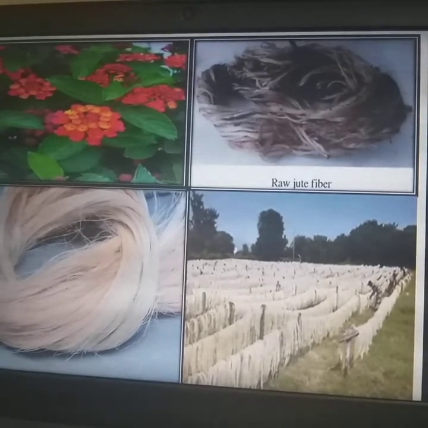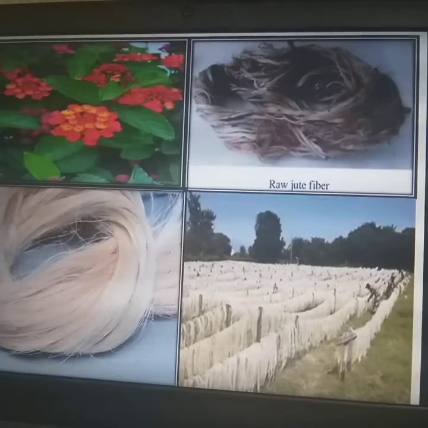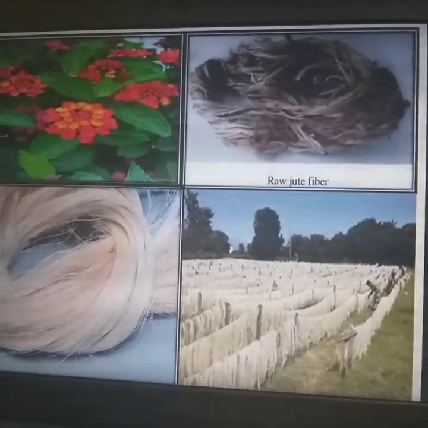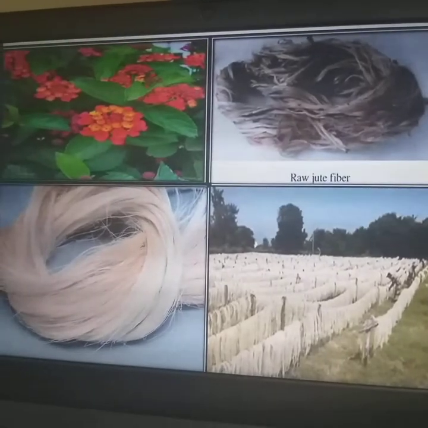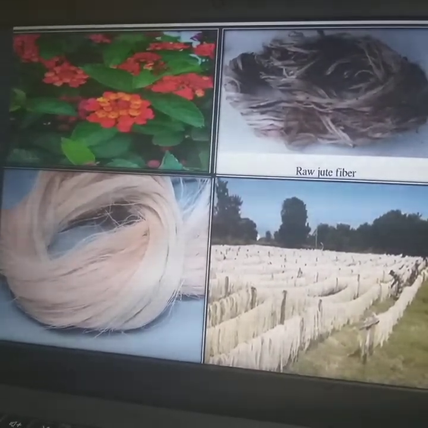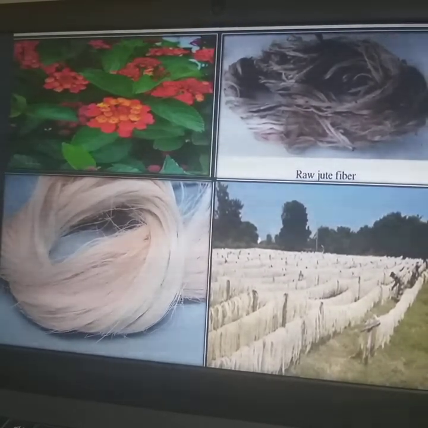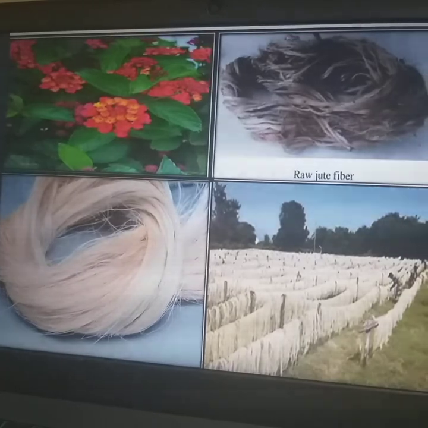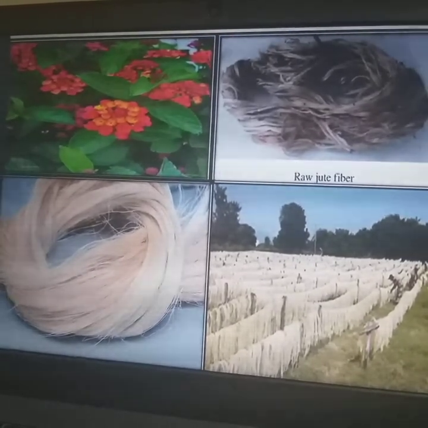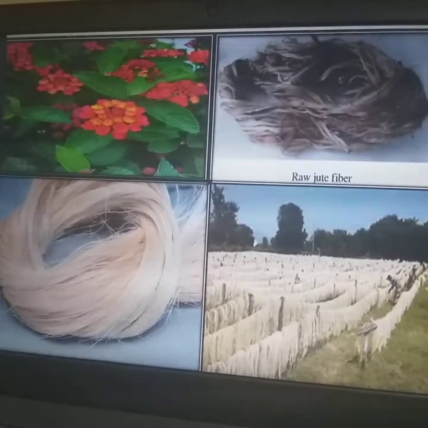The completely delignified fibers have been reported to have tensile strength greater than 200 megapascal, whereas the strength of fibers in which lignin has not been removed is very low. Therefore the removal of lignin reduces the amount of fiber extracted, and hence lignin-free fibers are very expensive.